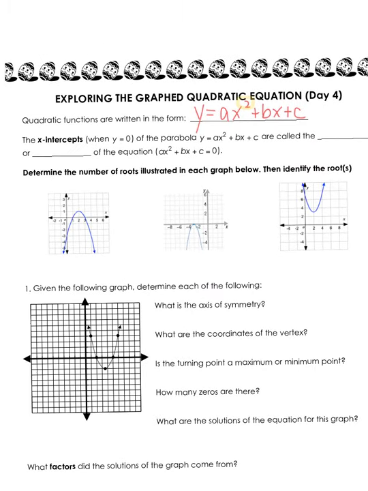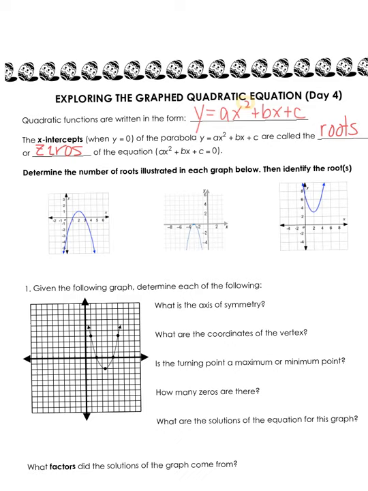Okay, x-intercepts when y equals 0. So if that thing that I just wrote is equal to 0, and we solve, that's what we did in Unit 10, the answers are called the roots, or zeros.